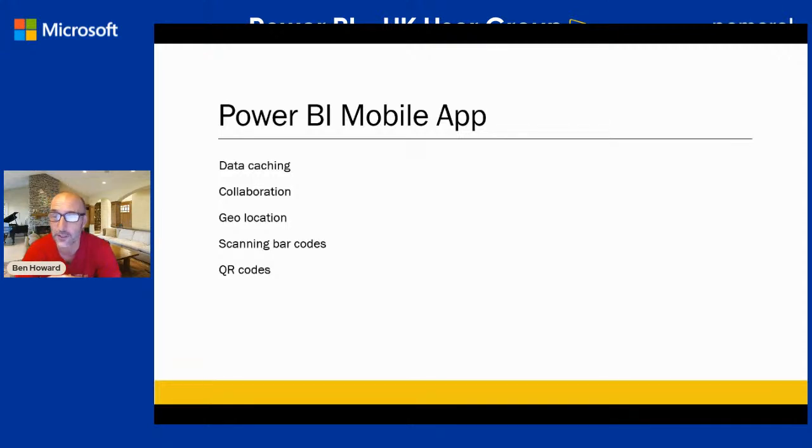We can collaborate, so we can take screenshots, text, annotate those, and send those around via our mobile devices sharing facility. We can also just have collaboration chats with team members. We've got geolocation on there.